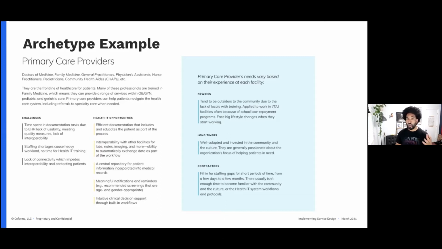There may be new primary care providers who need a significant amount of help in order to navigate the ecosystem. There may be people that have spent quite a bit of time within this ecosystem that are able to work through it with ease, but there may be people that have limited access because of who they may be. In this case, contractors.